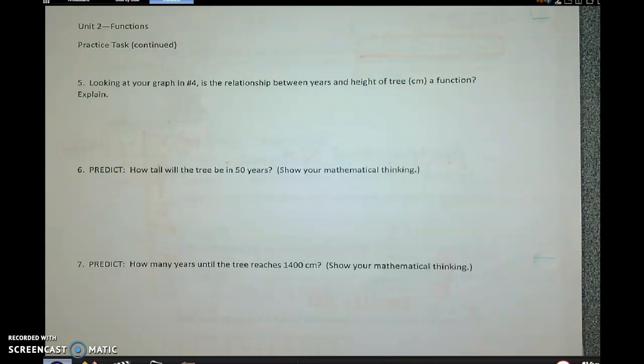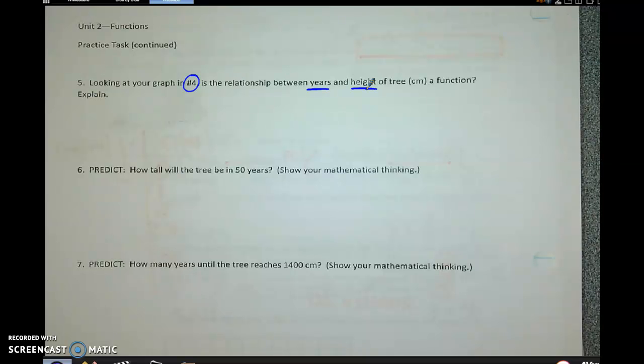Now looking at number 5, thinking about that graph that you had in number 4, is the relationship between the years and the height of the tree a function? So you're either going to answer yes, it is a function, or no, it is not a function. And then explain. Remember that for it to be a function, there's 2 ways that we can think of it.